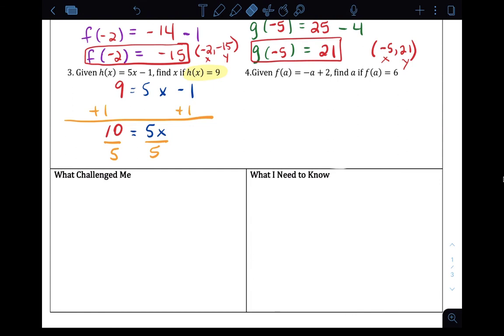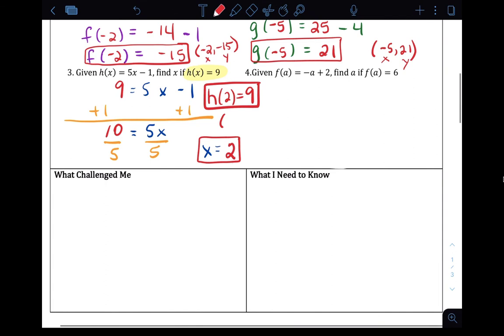When you say 10 divided by 5, you get an x value of 2. This is your input. You can write your answer as x equals 2. You could also say, h of 2 equals 9, as an acceptable answer. And you could also say, since your x value is 2 in a coordinate point, you could say 2 comma 9.